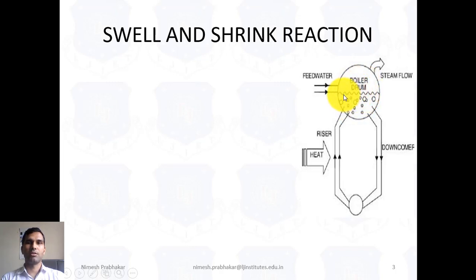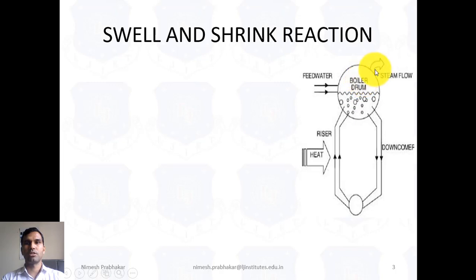In this, we know the water is inside, and this is the system for feeding water inside. That means this is the inlet of the water. We know the function of the boiler, as we discussed in the last lecture, is to convert this water into steam, to generate steam.